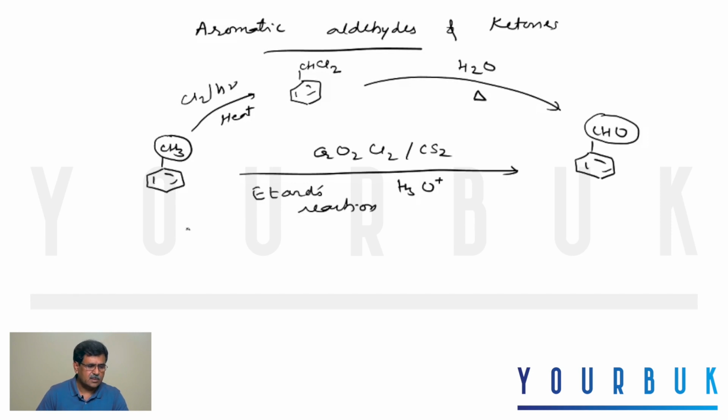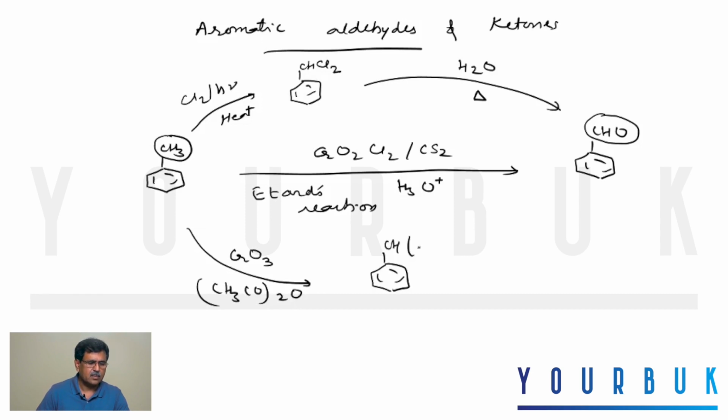And the third method is reacting it with chromic acid, CrO3, in the presence of an acetic anhydride, and it gives an ester. This is the intermediate obtained. And this on hydrolysis gives a benzaldehyde.